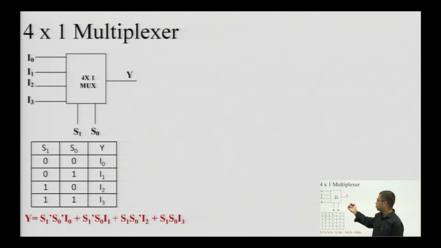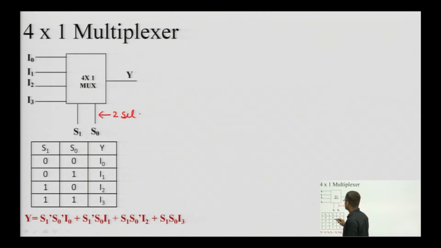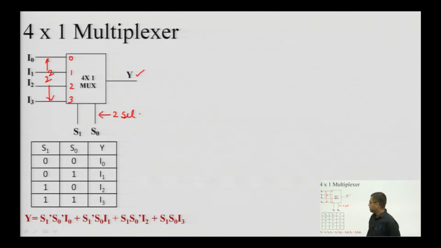Similarly, we can have a 4 cross 1 multiplexer if we have 2 select lines. For these 2 select lines there are 2 raised to power 2, that means 4 inputs, which can be labeled as 0, 1, 2 and 3, and there is a single output Y. From the truth table, if we apply 0, 0, which corresponds to 0 in decimal, then position 0 is selected and connected to the output, that means Y is equal to I naught.